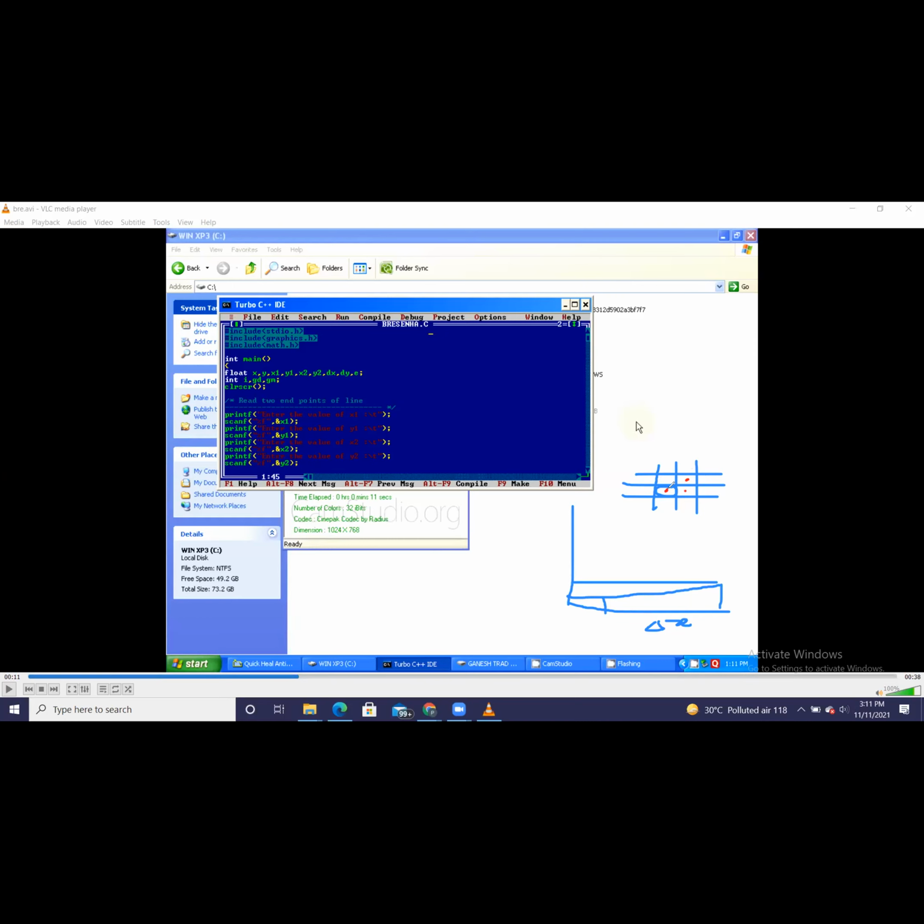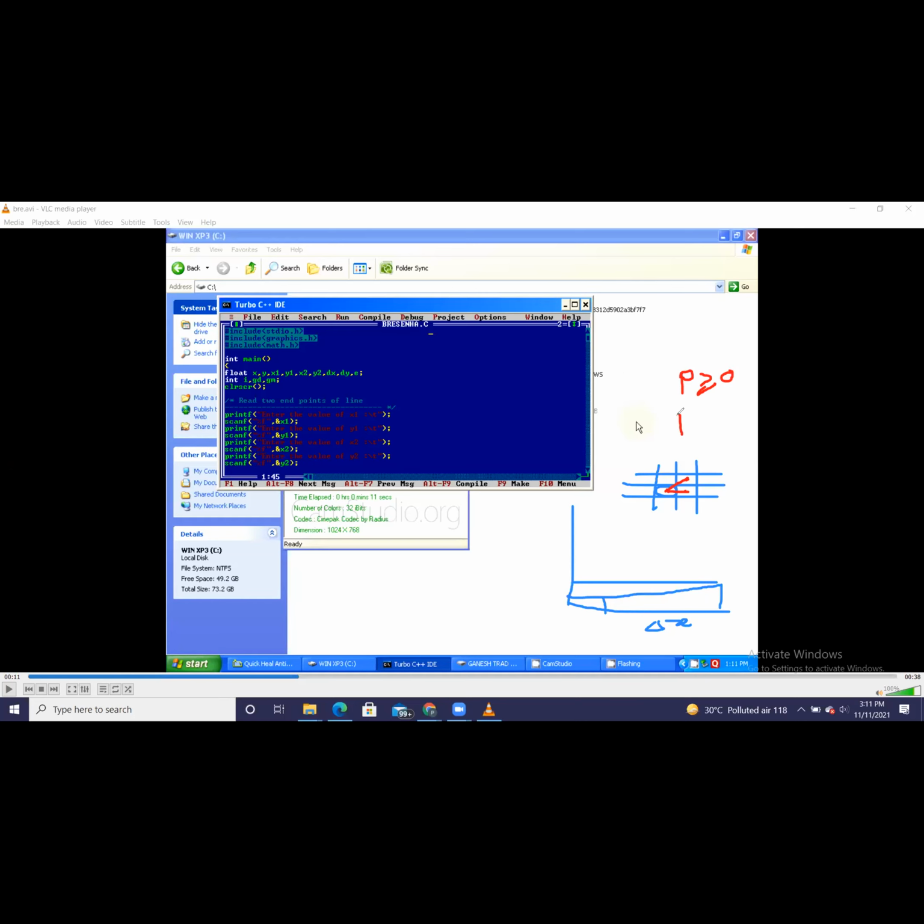Whether to select this one or that one depends totally on the E value, which in our program we have denoted with P. P is the variable which determines this. There exist two cases: when P is greater than or equal to 0, and when P is less than 0.